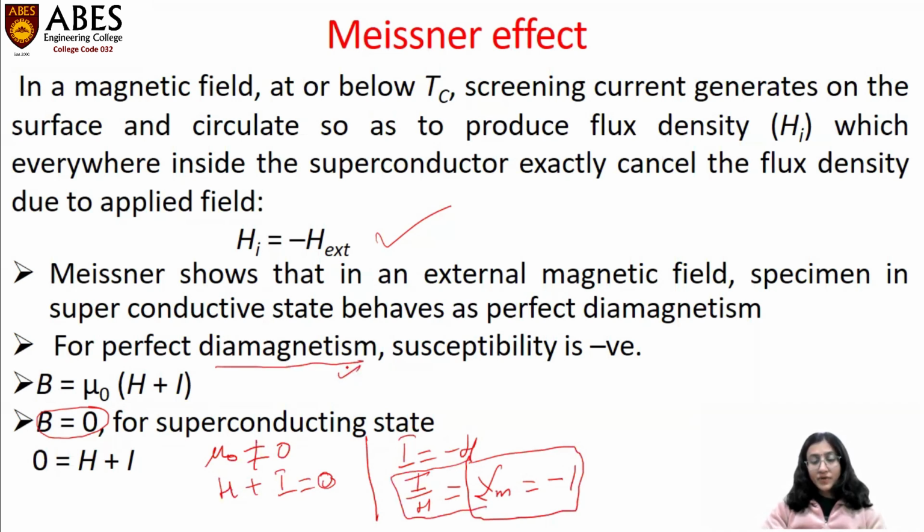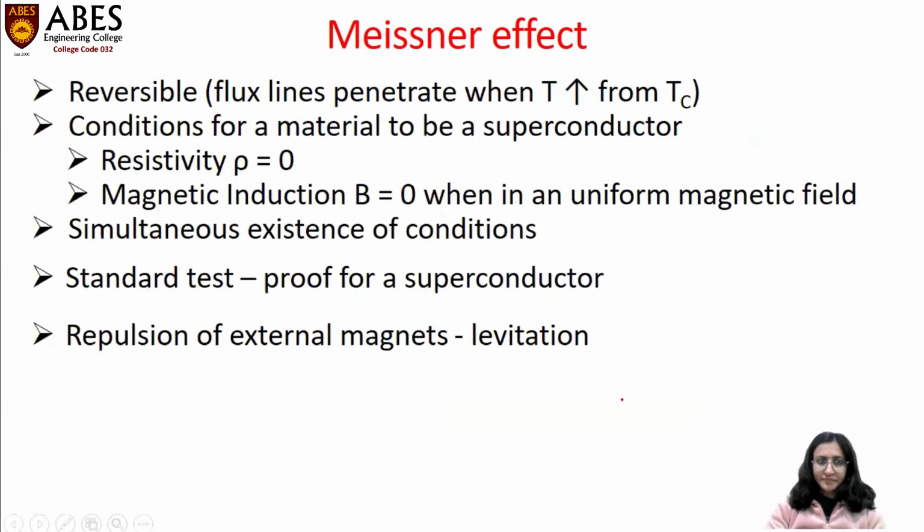So this is one more property of superconducting material which we can observe from here: superconductors are perfect diamagnets because they do not allow any lines to pass through a superconducting specimen when placed in an external magnetic field. This process is reversible as the temperature is increased above critical temperature.